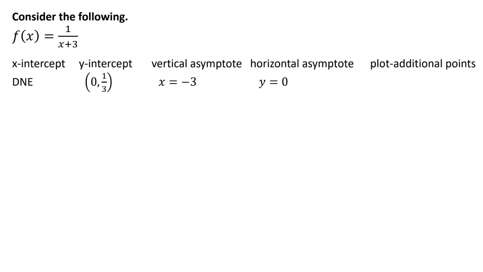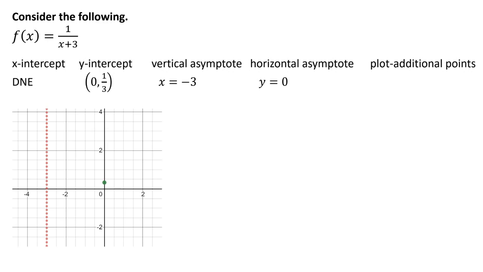So let's go ahead, we have all of our information. We have our intercepts, vertical asymptote, horizontal asymptote, but we need some more points so that we can get a better idea of what our graph is going to be. So let's plot our graph. Here the green point is going to be our y-intercept.